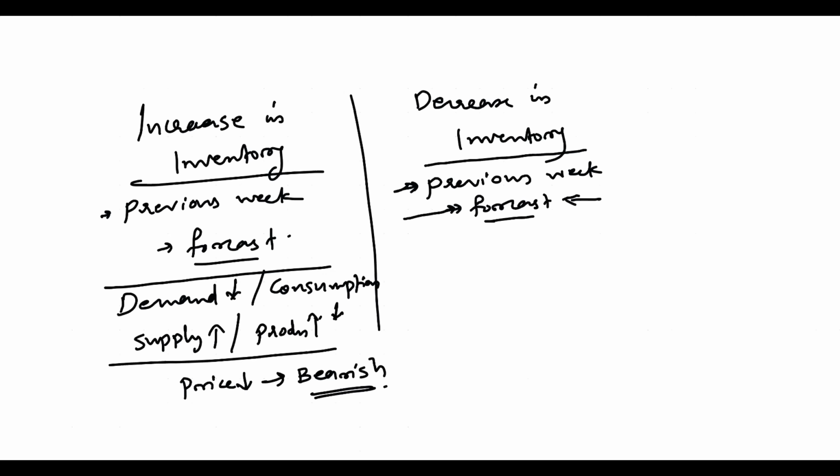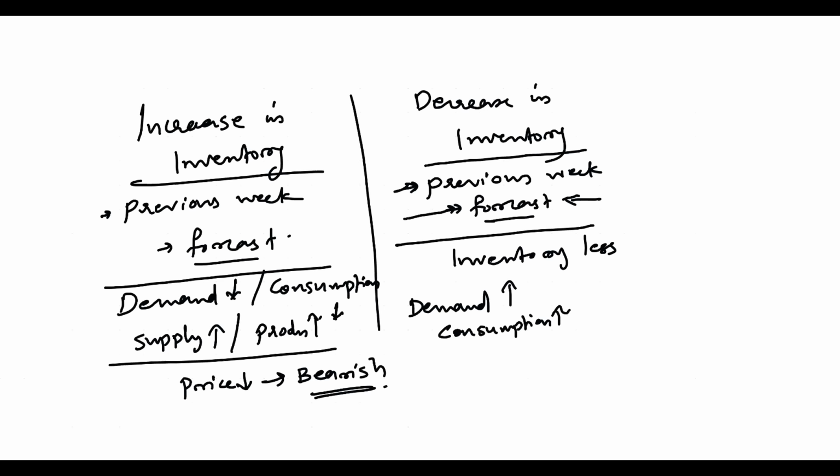Now decrease in inventory means I can write inventory is less. Inventory is less, then it shows demand is more. That means stock is less. Why is demand more? Consumption is more. Or you can also take it as supply is less. That is why inventory is less.